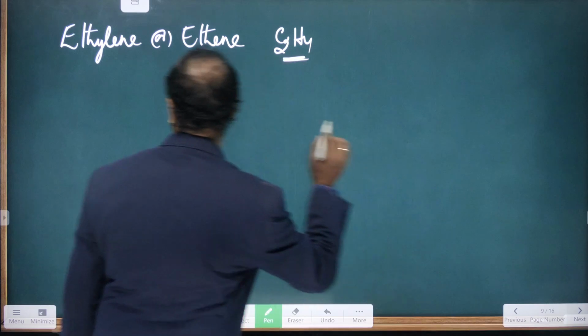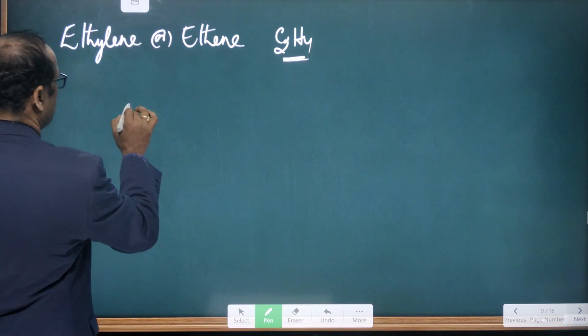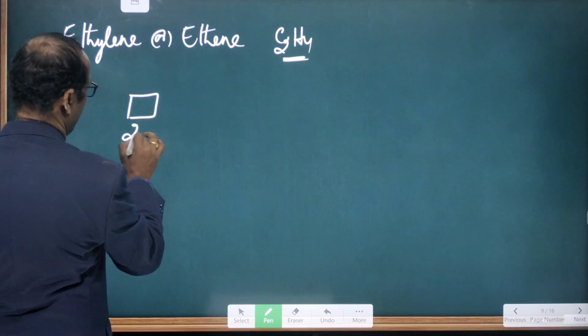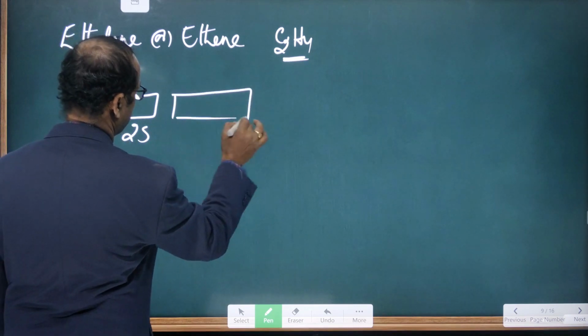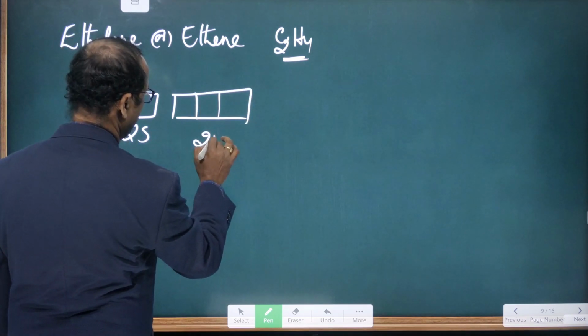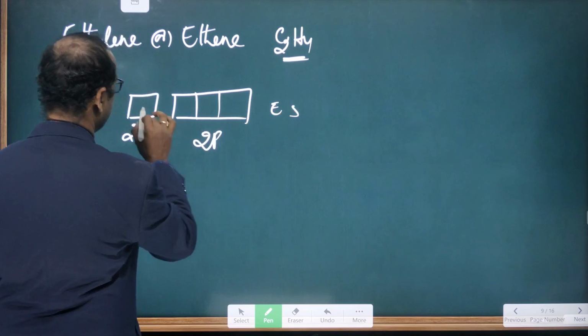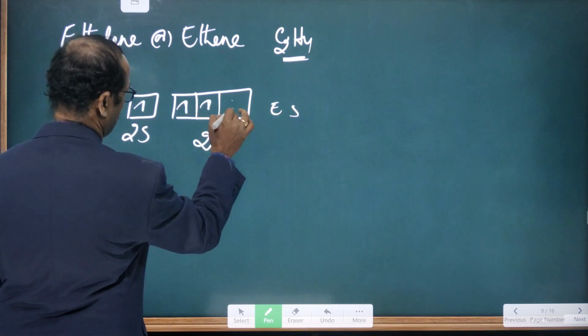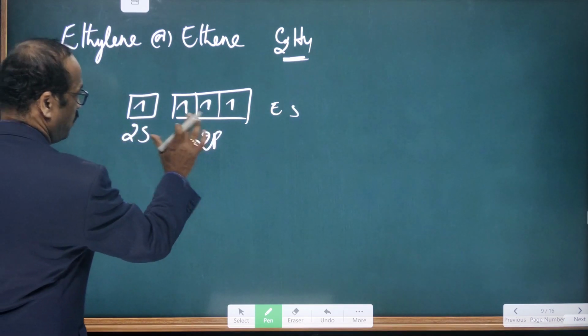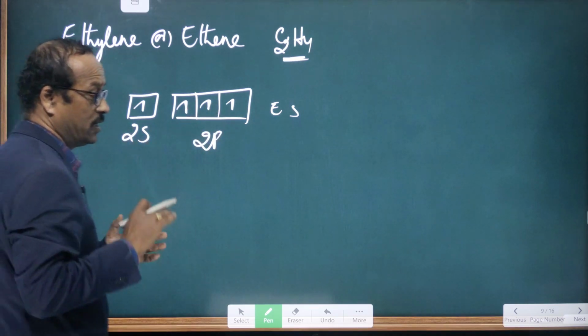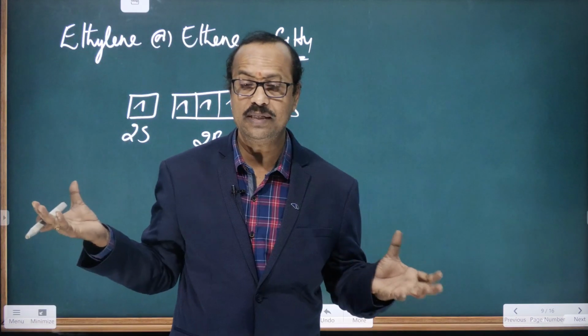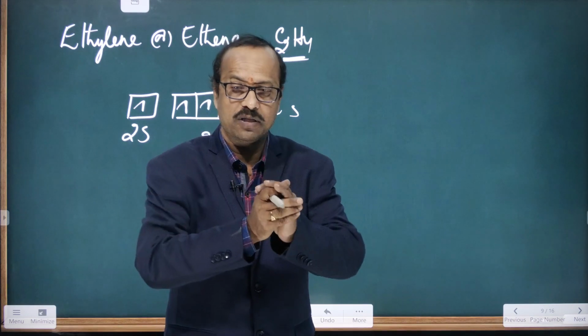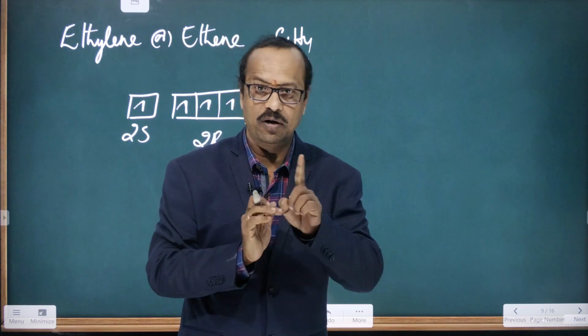Here you see the carbon has 2s and 2p in the excited state, with 1 electron here and 3 electrons here, so this is the 1s orbital and 3p orbitals. In ethane and methane, the 1s and 3p's are all intermixing and forming 4 hybrid orbitals, right?